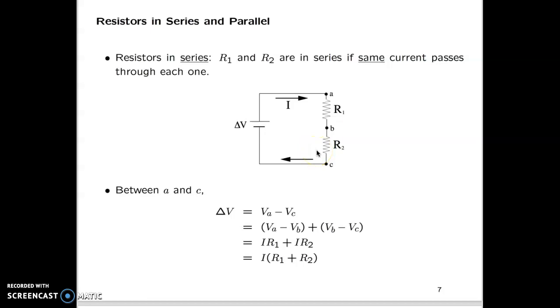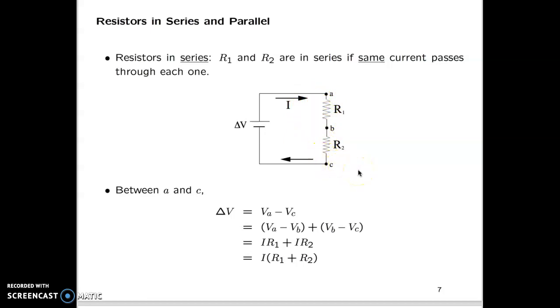It turns out that this is achievable if there are no branch points in the circuit between the two resistors. You might not understand what I mean by that. You will a little bit later when we talk about resistors in parallel. Anyway, clearly the same current is going to flow through these two resistors.